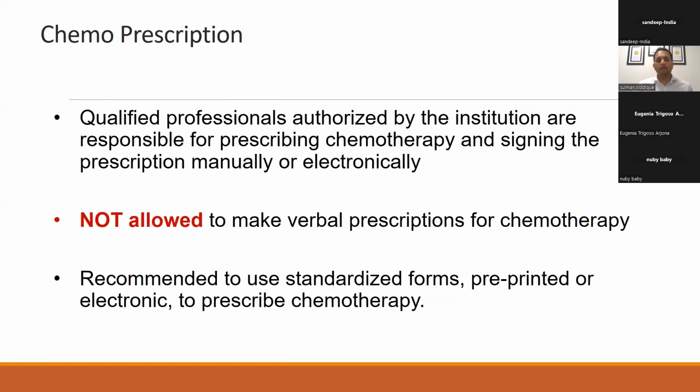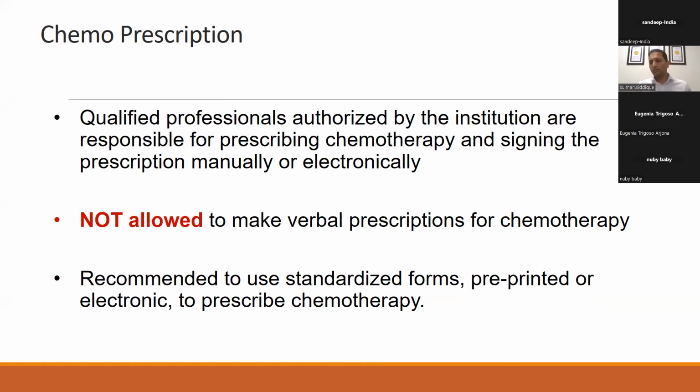Firstly, chemotherapy prescription. I'm sure, actually, I know this is happening in most of the units where the participants are from, that a qualified professional who is authorized by the institution is responsible for prescribing chemotherapy and signing the prescription manually or electronically. That is important.